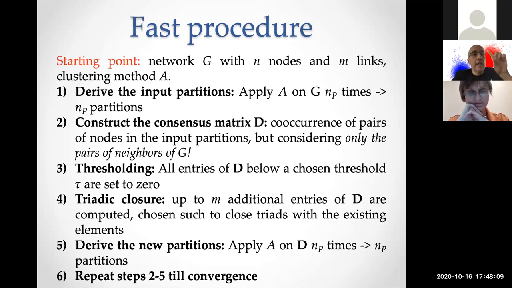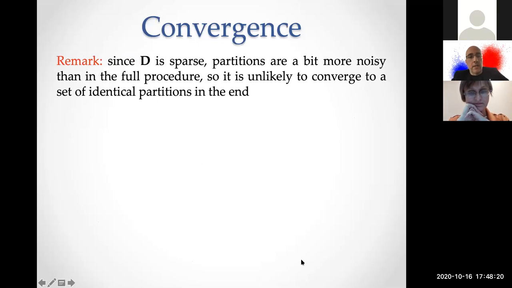The only thing is we sample the consensus matrix to make it sparser, and therefore to reduce the complexity of the procedure, which could become heavy if you just do it the old way, by computing the full consensus matrix. The question is that this is a noisier procedure than the original one.